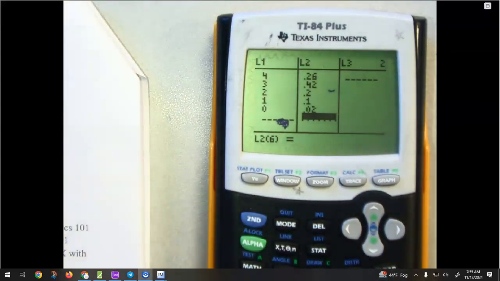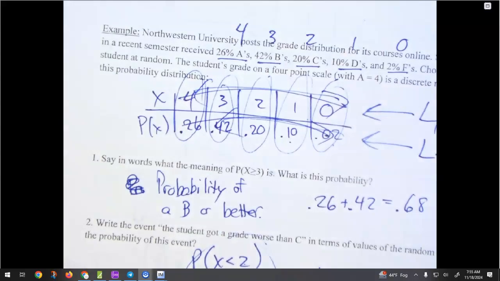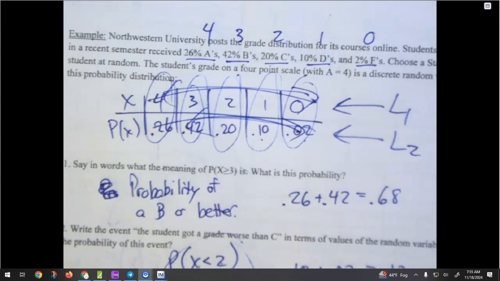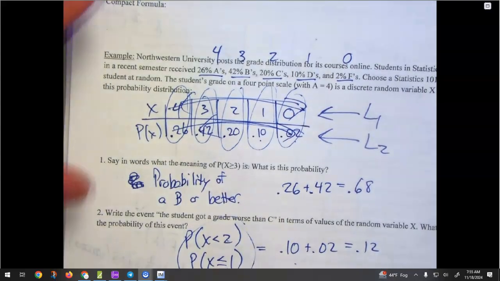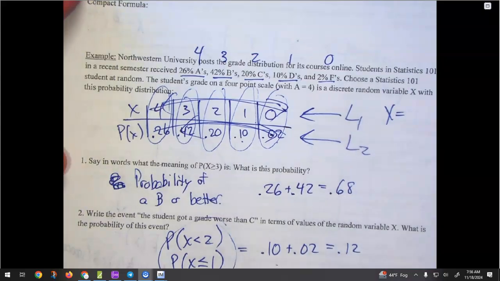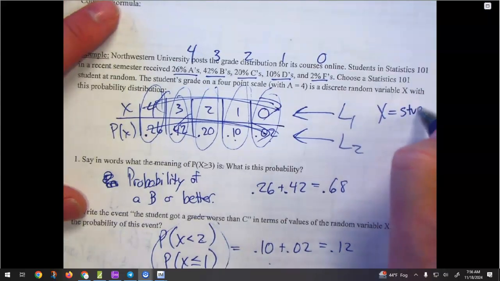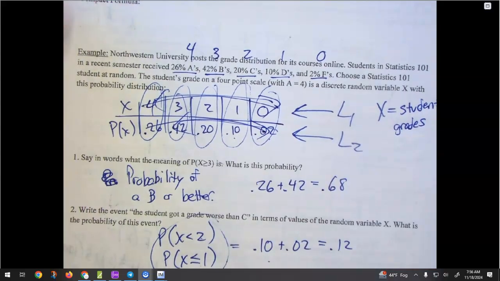Need to go back. Why I wanted to go back to that, because a lot of people mess up with this question.